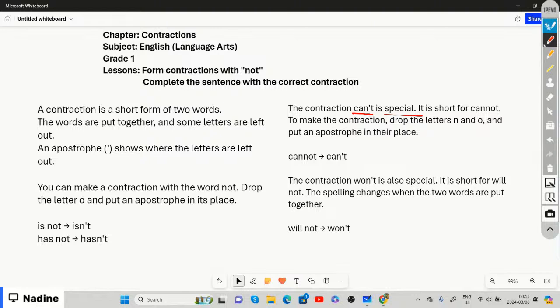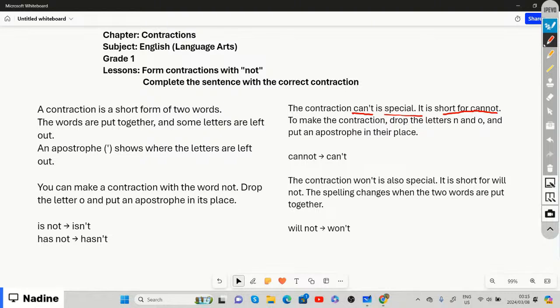The reason why the contraction can't is special is that it is short for cannot.